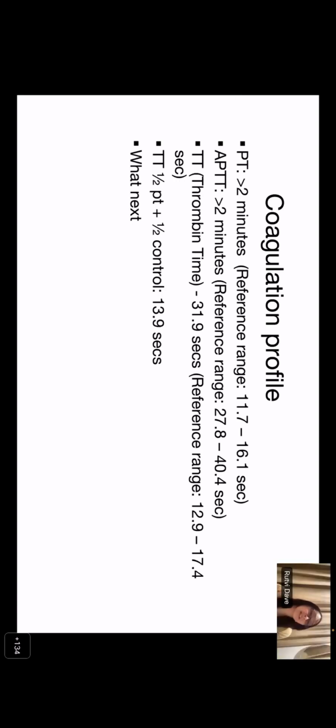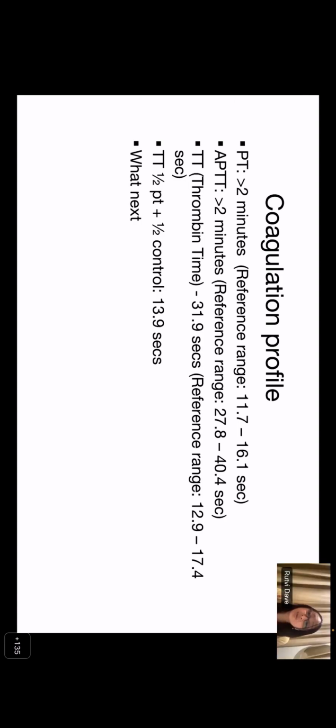Okay, let me ask another. If the thrombin time was prolonged and it was not correcting on mixing study, what could have been the possibility? DIC? DIC is factor consumption, so it should correct on mixing studies.